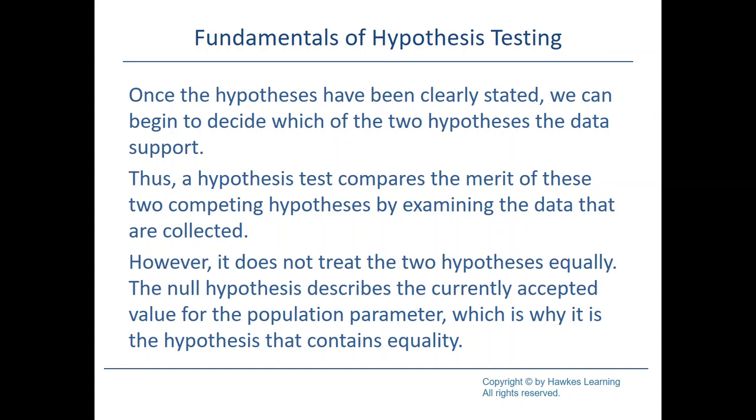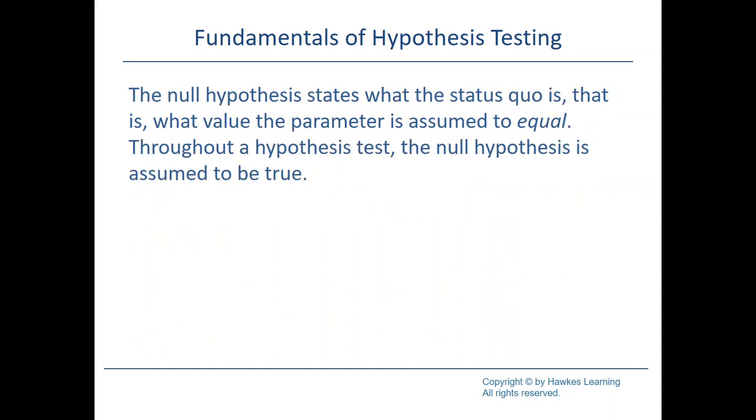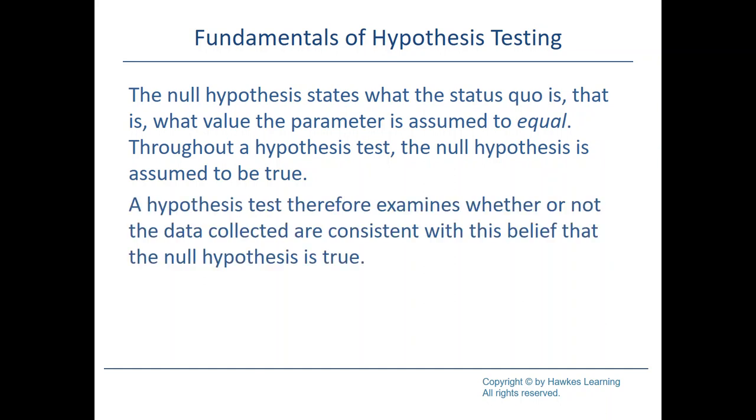The null hypothesis describes the currently accepted value for the population parameter, which is why that one contains the equal to. The null hypothesis states the status quo, that the value of the parameter is assumed to equal. Again, we don't have enough evidence to say whether or not this is 100% true, so we're assuming that this is the truth. So the null hypothesis is always assumed to be true.